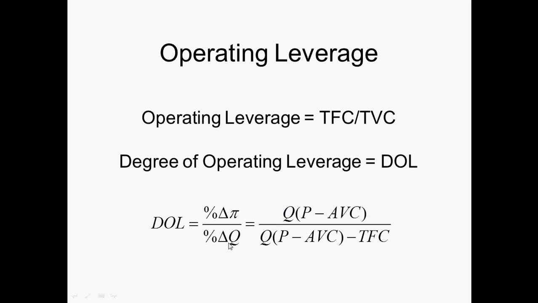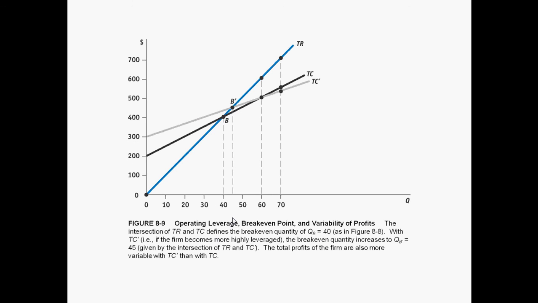And so then your profits would be particularly sensitive to the quantity that you sell. You've got a lot of fixed costs to cover, and if you sell a little bit more, you make a lot more profit. You sell a little bit less, you could start taking big losses. Let's suppose your fixed costs are really small. Well, then it doesn't matter so much what scale you sell at.